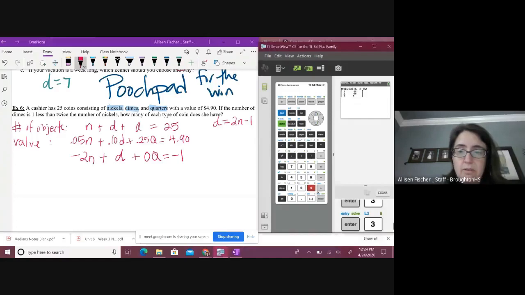So we're going to matrix, edit. We're going to make matrix A a 3 by 3. And our first equation has all ones for coefficients. Then our value equation has 5 cents, 10 cents, and 25 cents.